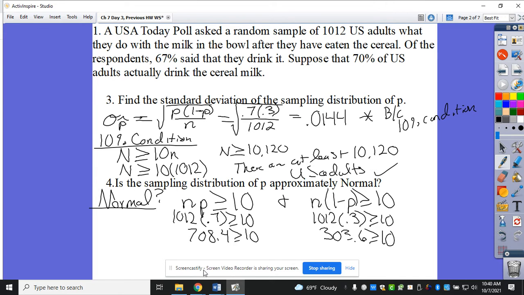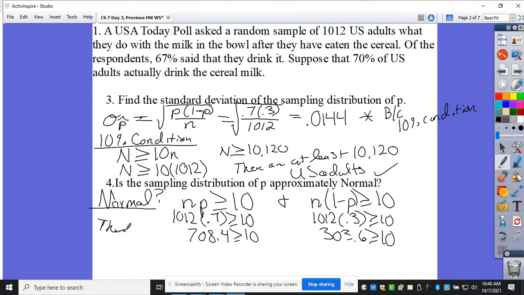I'm going to need more room. There are at least 10 what?